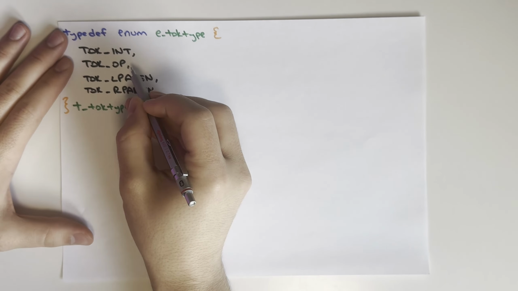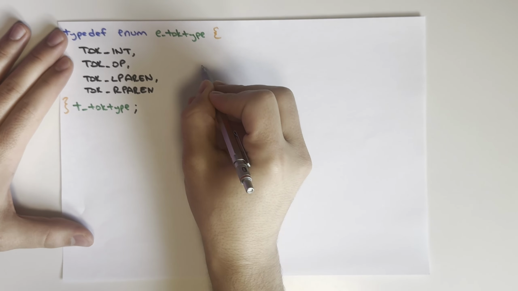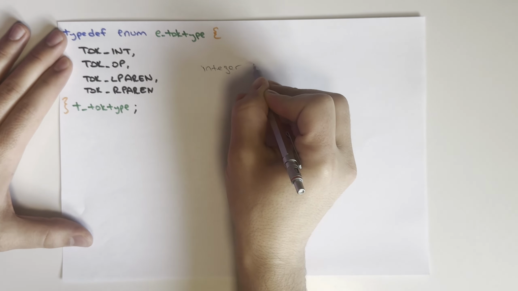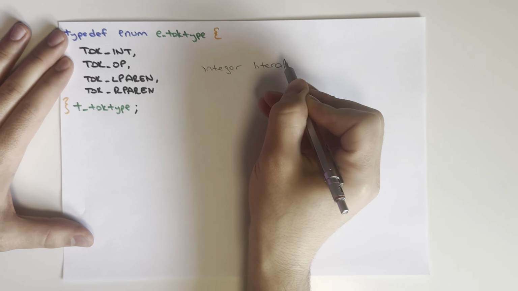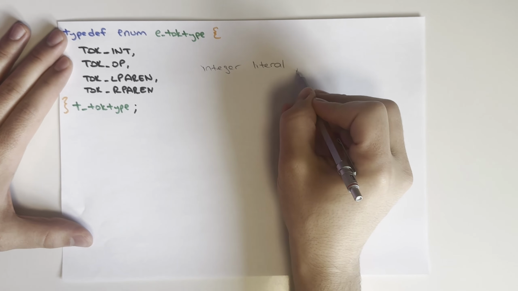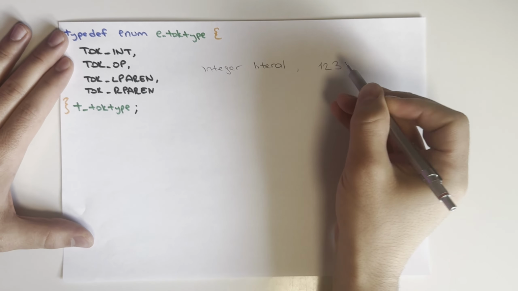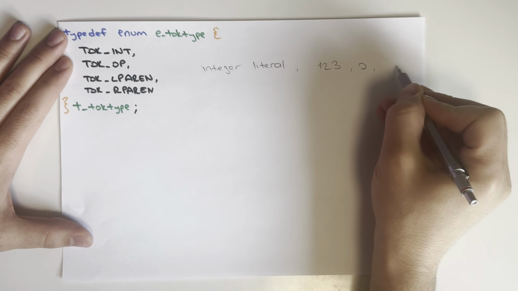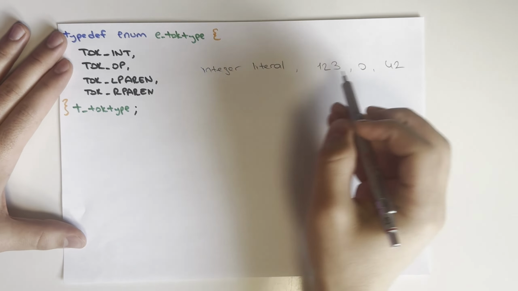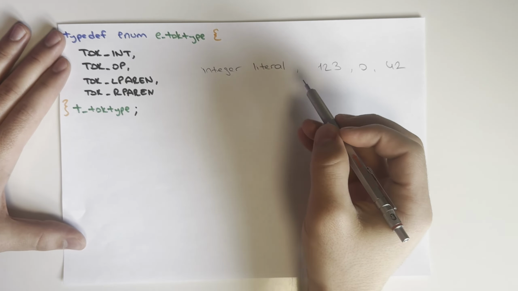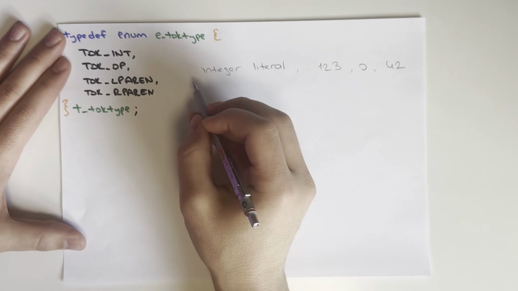We defined 4 token kinds. We have token integer, which is an integer literal. It means it will have an integer like 123 or 0 or 42. We have token operator. This will mean an operator.